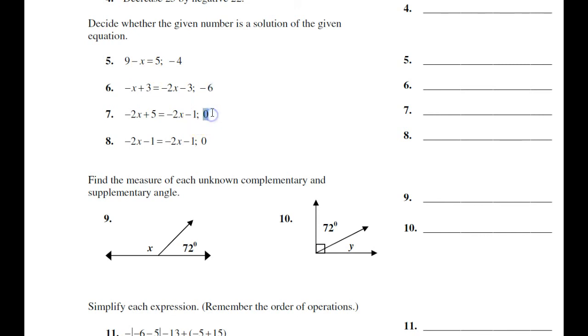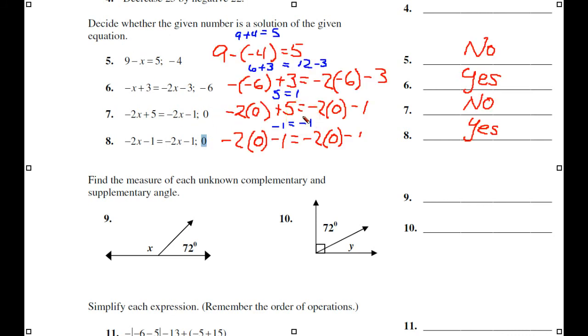Carefully put in this value for the variable and see if the statement is true. Okay, so here what they want you to do is some careful substitution. Notice if your x is a negative 4, the opposite of a negative 4 becomes a positive 4.